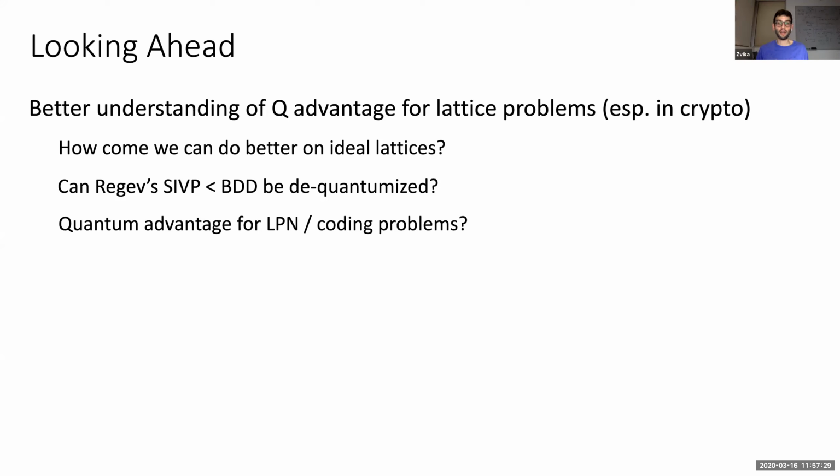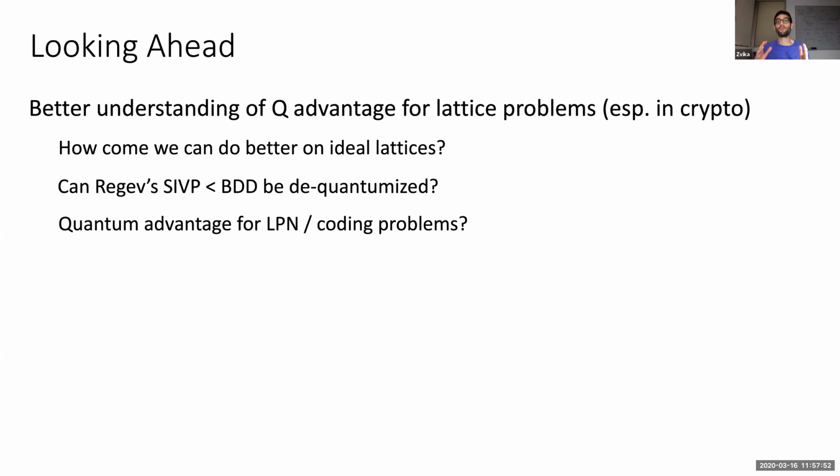Another point that I did not mention so far is to apply these quantum techniques also to other allegedly quantum resilient cryptographic problems, such as problems that rely on error correcting codes. So decoding problems that relate to decoding of random error correcting codes, such as the learning parity with noise problem.